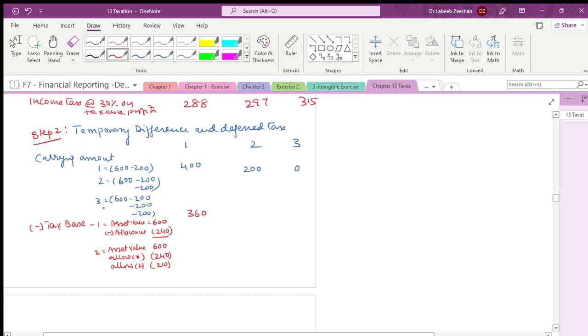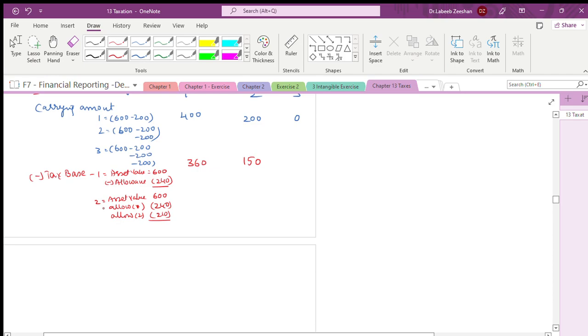How much will we have? 600 minus 240 minus 210. It comes to how much? The tax base is 150. Third year, how much?